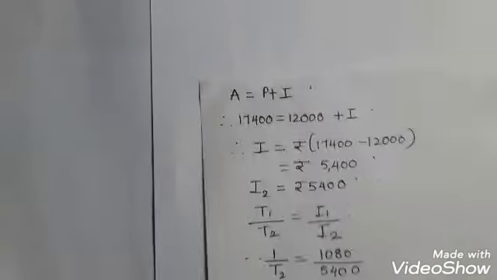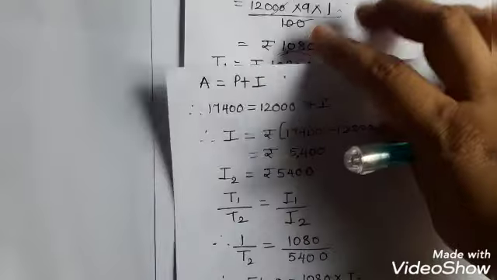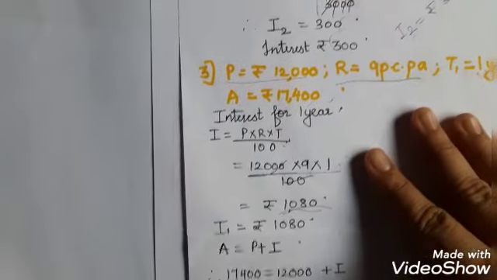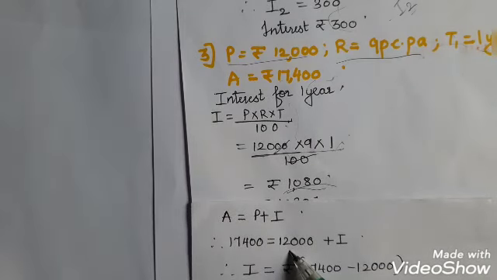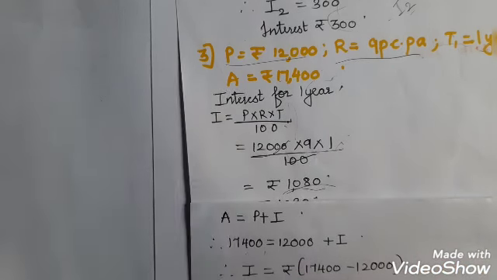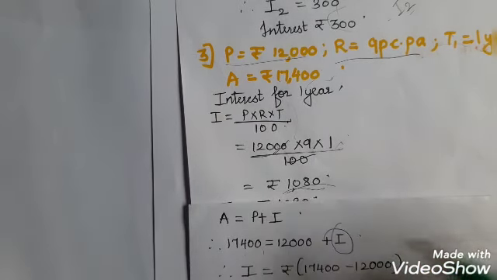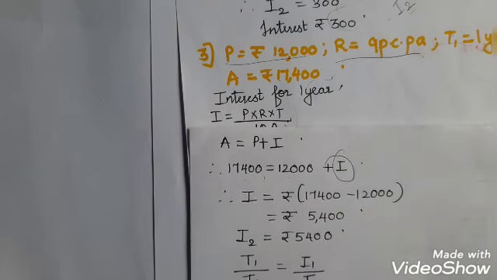Now we will find the amount. So what is the amount? Amount is principal plus interest. So what is principal? 12,000. The amount is how much? 17,400, and we don't know what is the total interest.